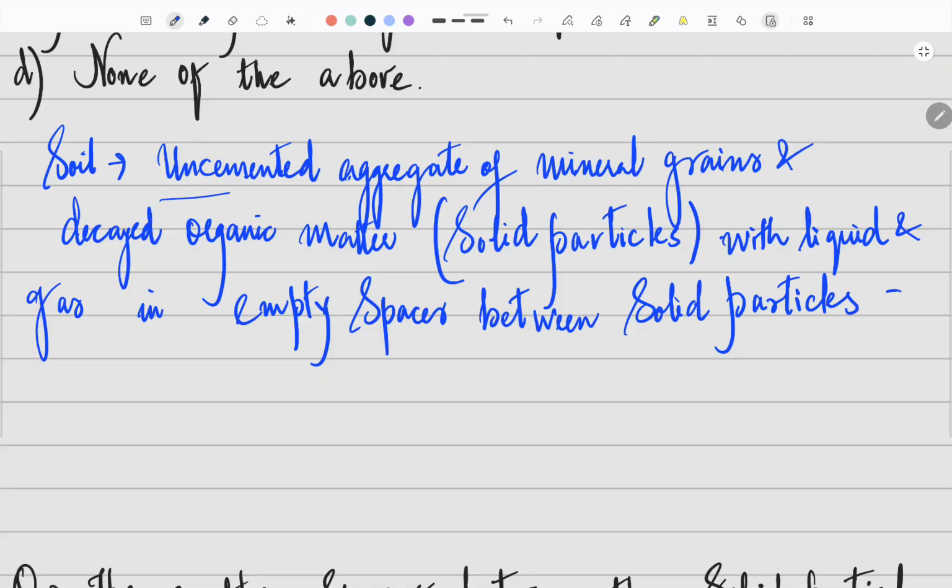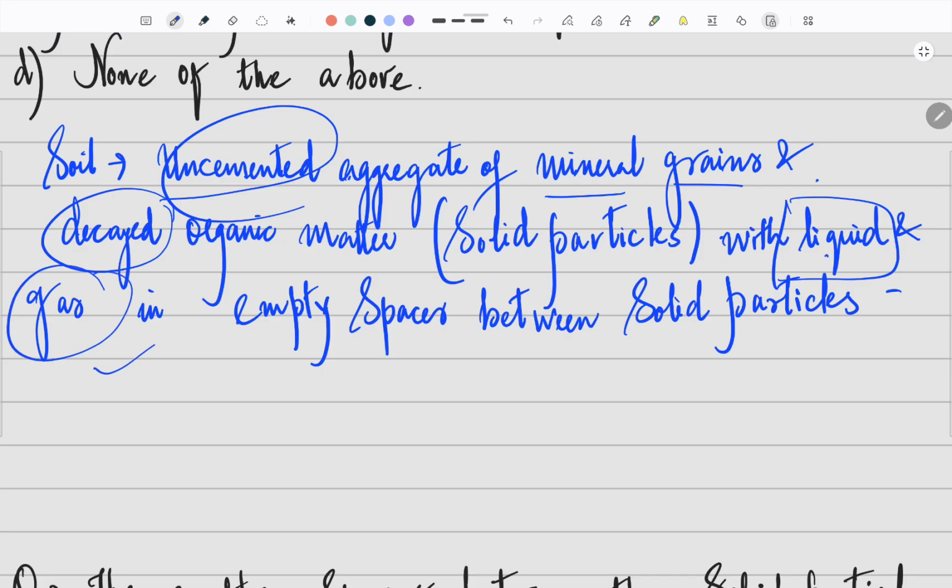It is defined as the uncemented aggregate of mineral grains and decayed organic matter, that is the solid particles, with liquid and gas in between the empty spaces, which is the spaces between the solid particles.